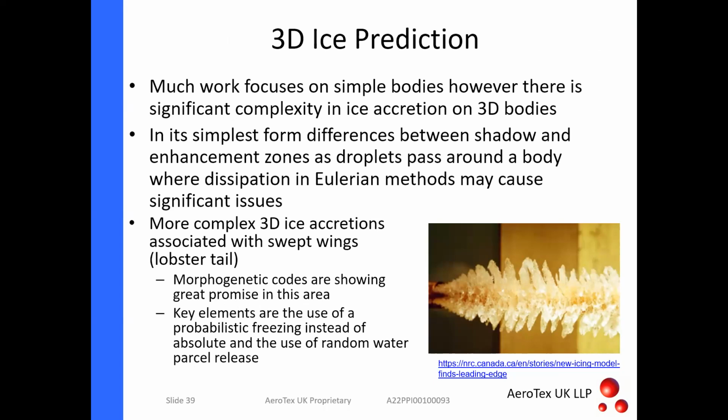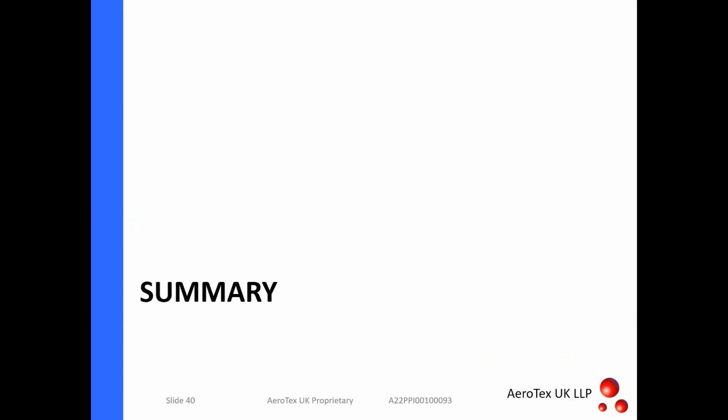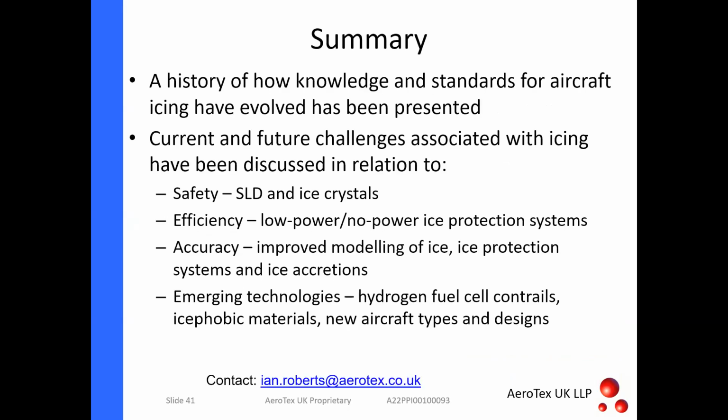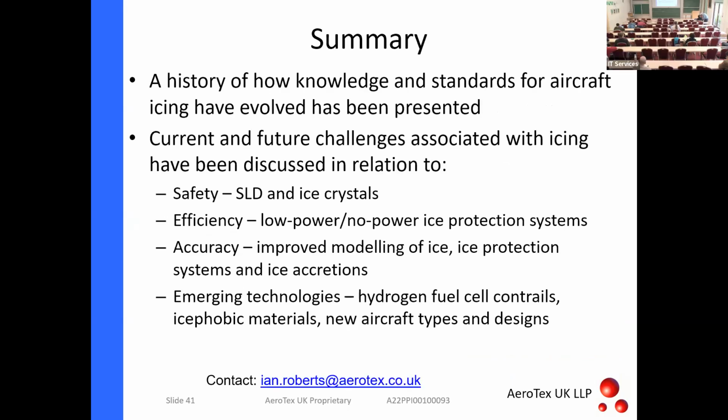There's some very interesting work on morphogenetic codes that are showing really good promise in terms of being able to recreate these ice formations. It's basically coming down to a probabilistic method, both in terms of the freezing and releasing random particles of water into the stream. So I'll probably leave it at that.